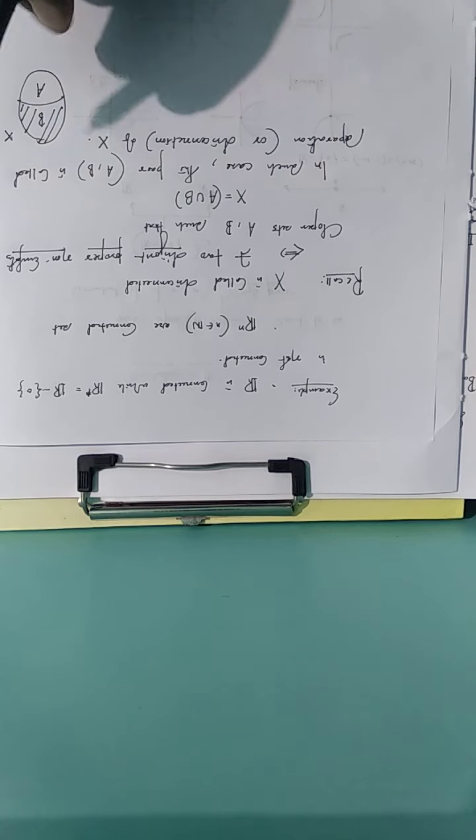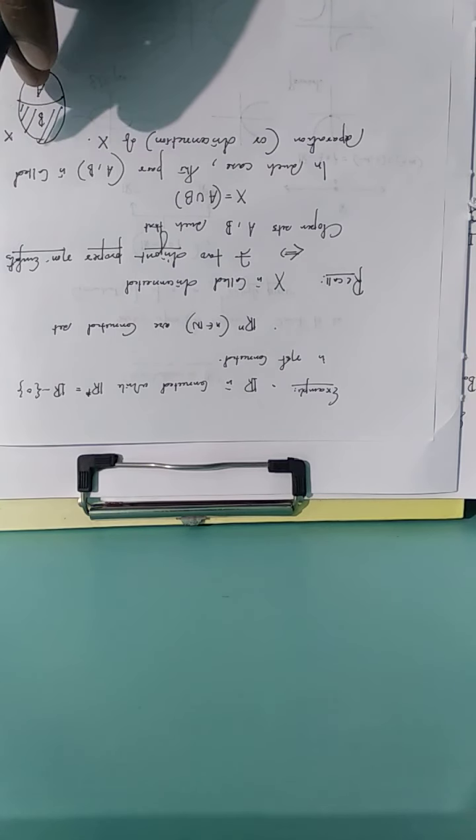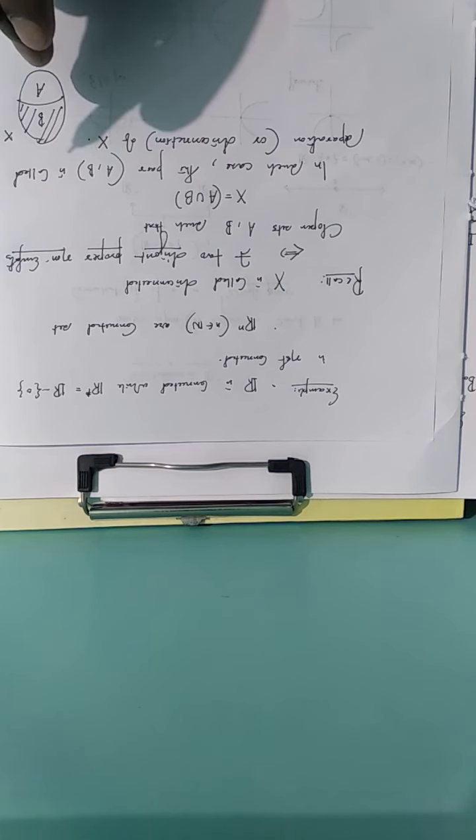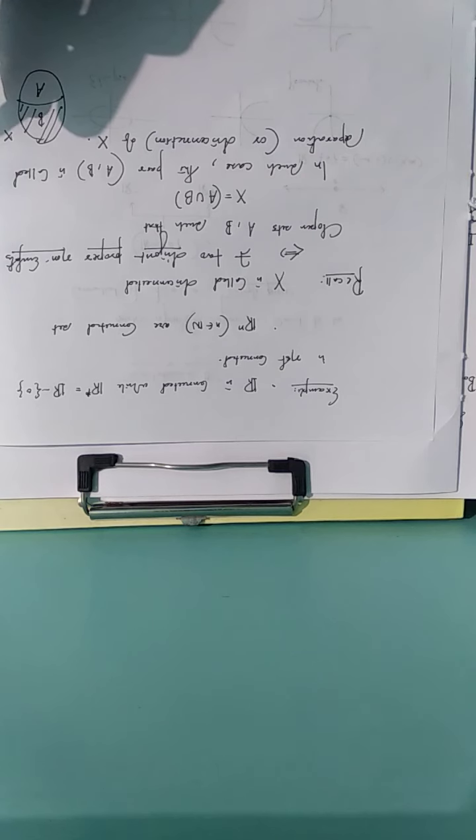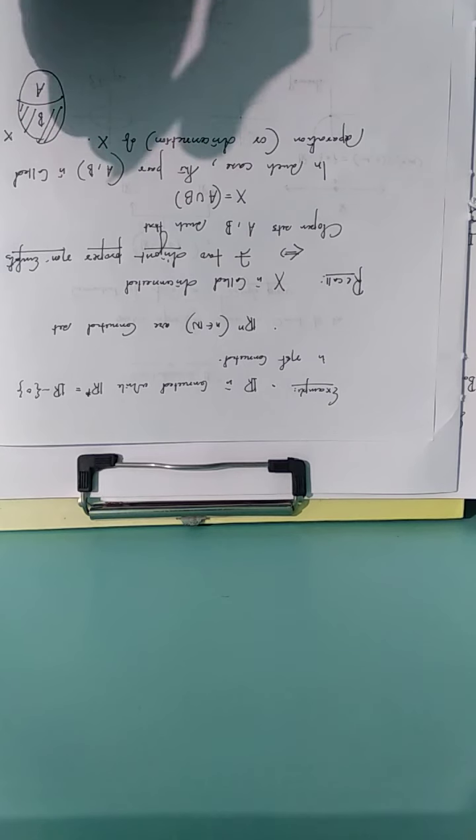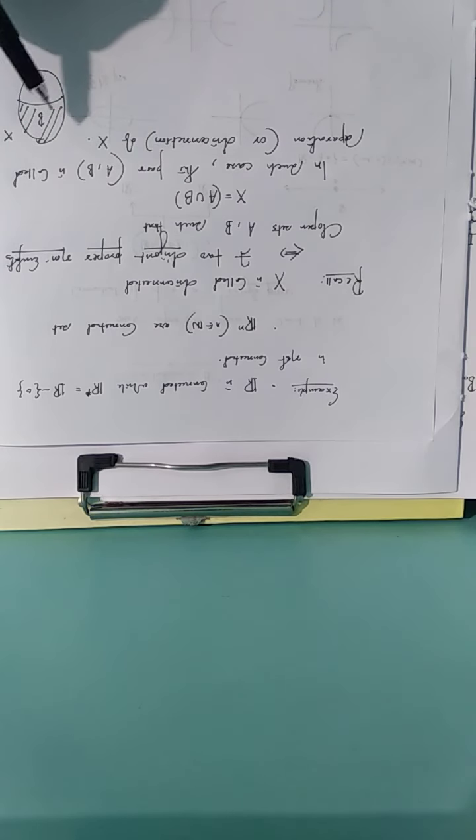First, A and B both are open. Second, A and B both are closed. Third, they are disjoint, that means the intersection of A and B equals phi. Fourth, they are proper. Fifth, they are non-empty. And sixth, X equals A union B. If all these properties hold, then A and B are called a separation of X. And if a separation exists, then X is called disconnected. The definition is very, very important.